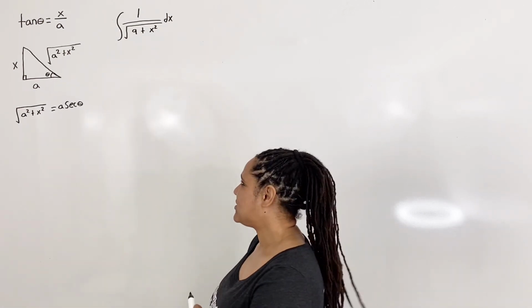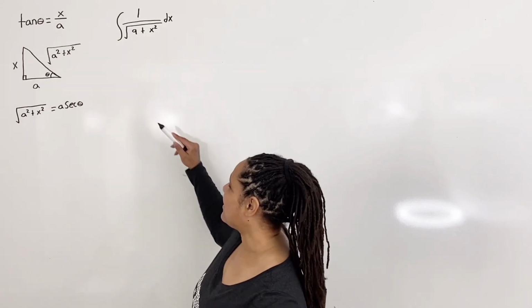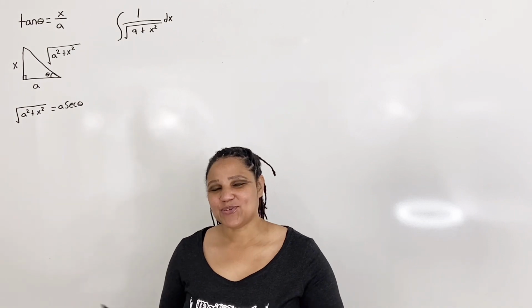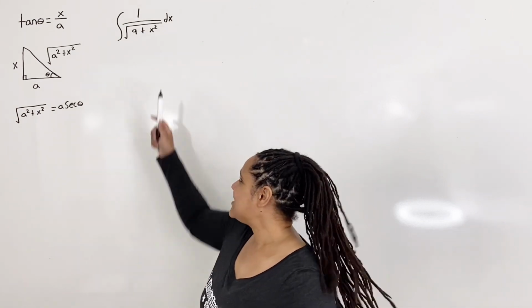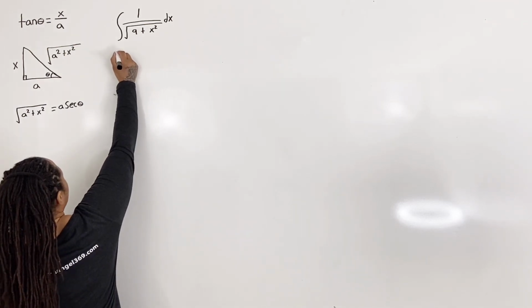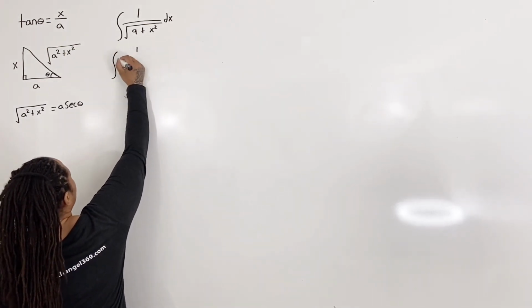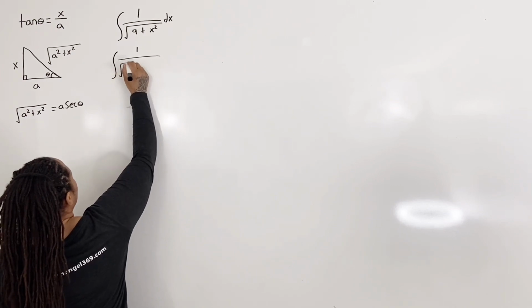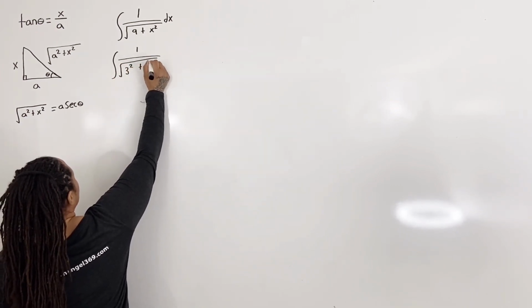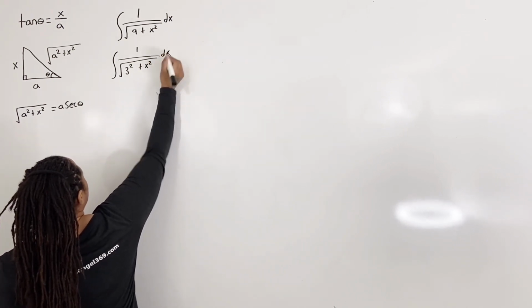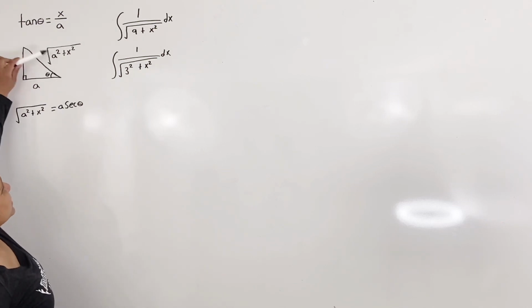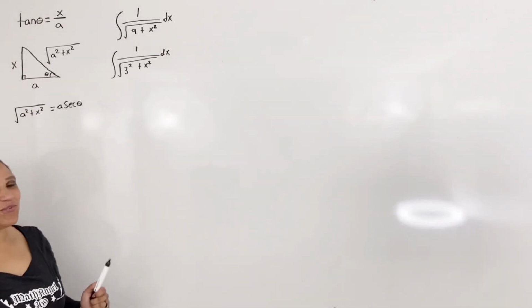So the first thing we're going to do is identify the trig equation and its associated triangle. We see that this integral is in the form 1 over the square root of 3 squared plus x squared dx. And clearly it matches the side of the triangle that we solved for.